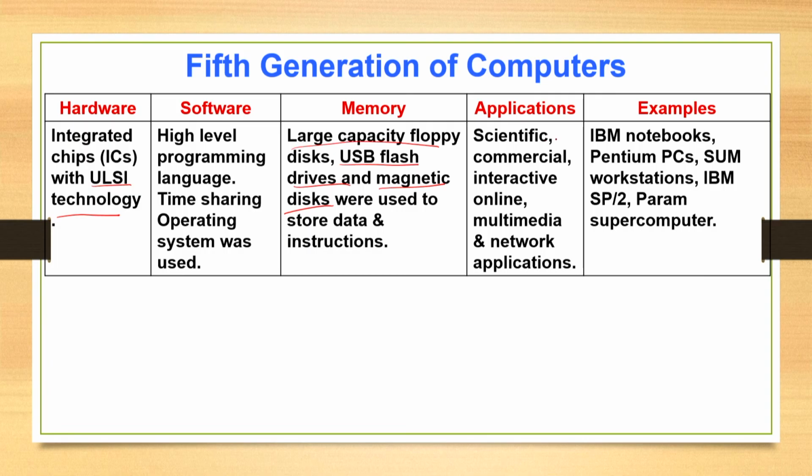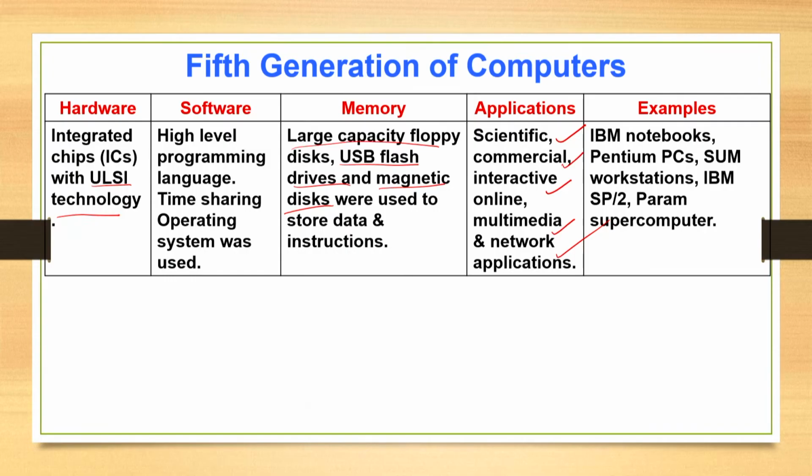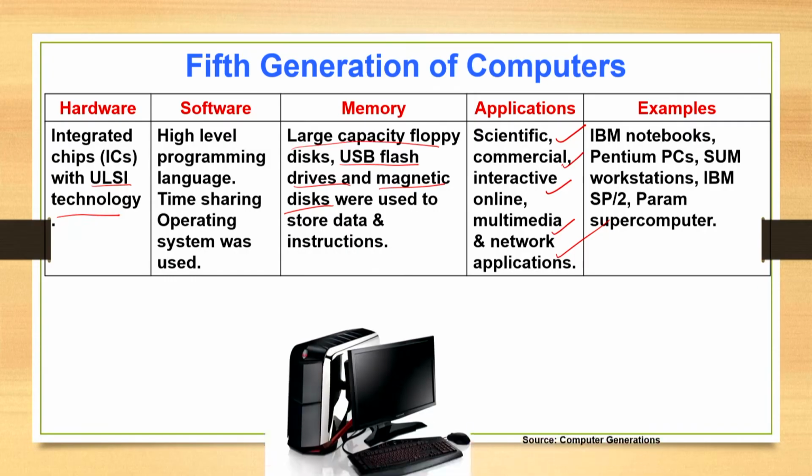So, it can be used in scientific, commercial, interactive online, multimedia and network applications. Examples are IBM notebooks, Pentium PCs, some workstations, IBM Param supercomputers, and nowadays the computers which we use for AI applications. This all comes under the fifth generation of computers.